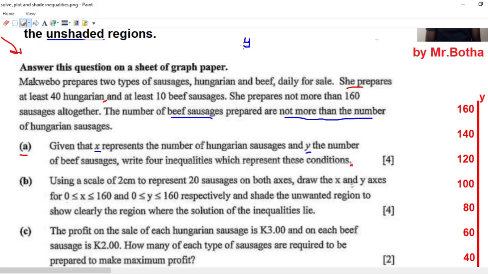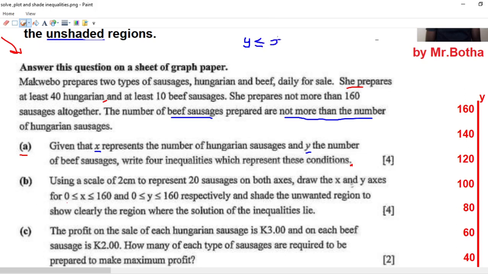Since the number of beef sausages prepared are not more than the number of Hungarian sausages, then they have to be less than or equal to x.